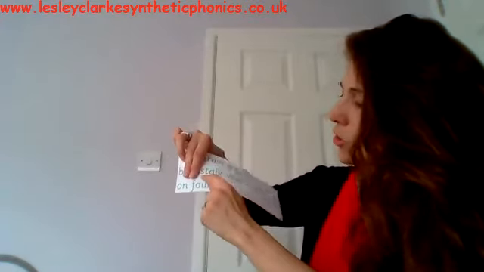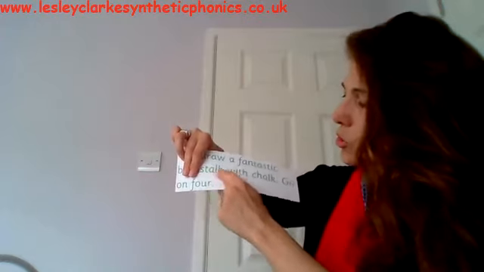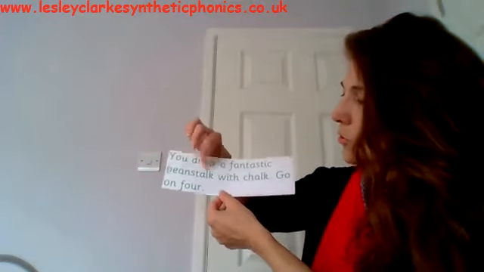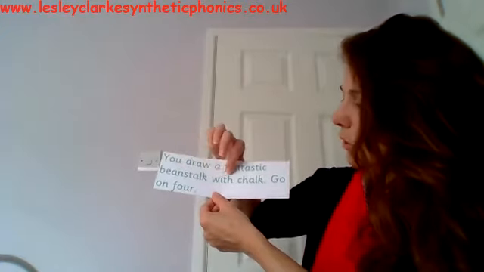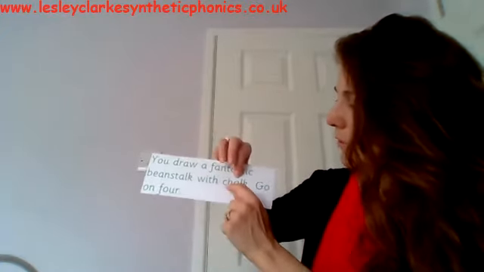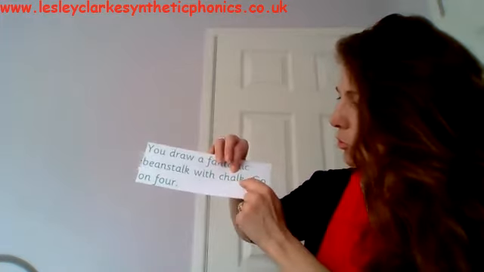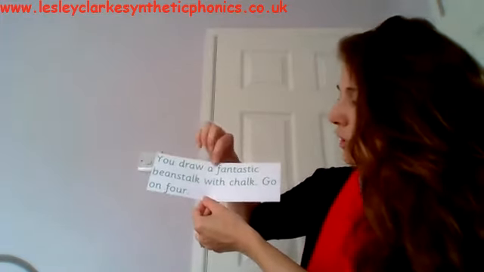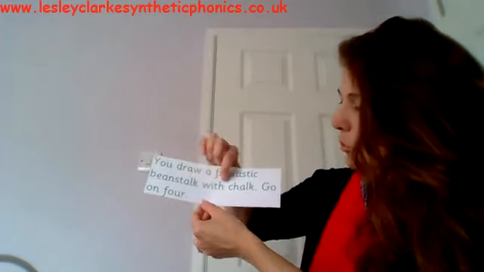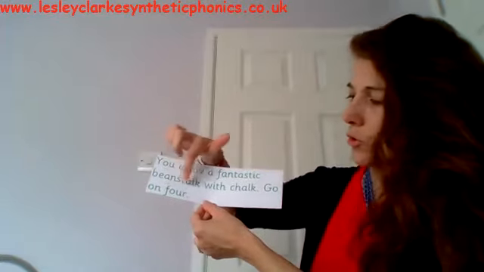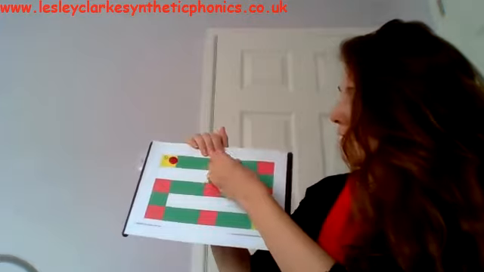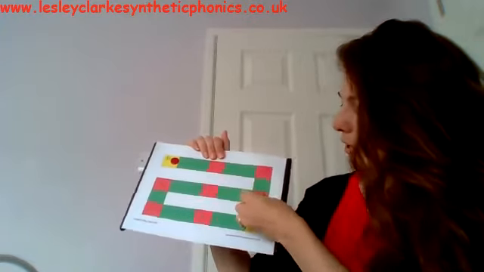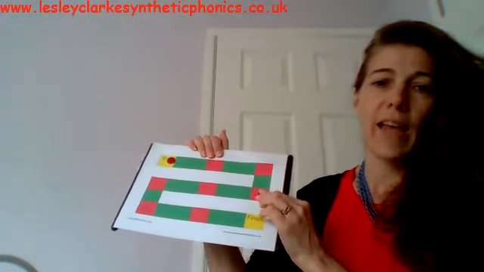Bean, stalk, beanstalk. You draw a fantastic beanstalk with, let's sound this one out, chalk. You draw a fantastic beanstalk with chalk. Go on 4. So that means they get to move on 4 places. 1, 2, 3, 4, and their counter sits there.